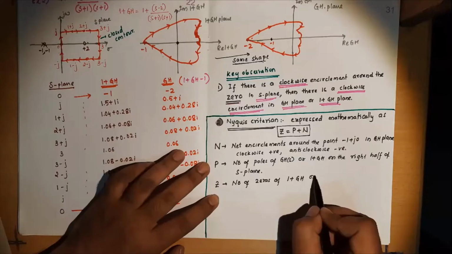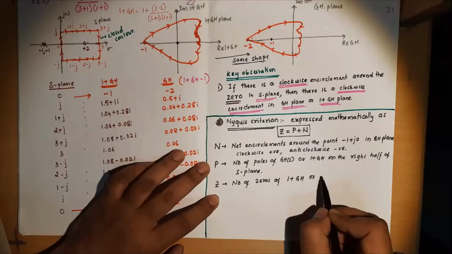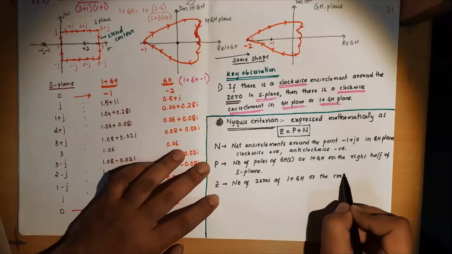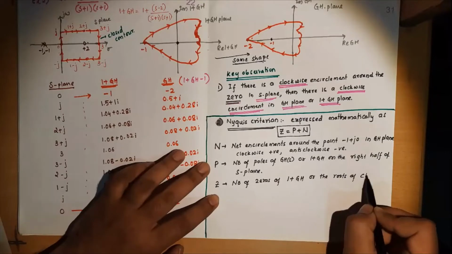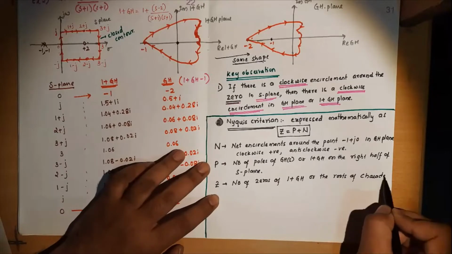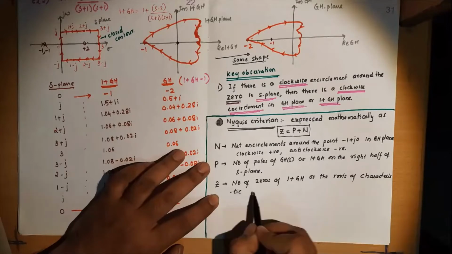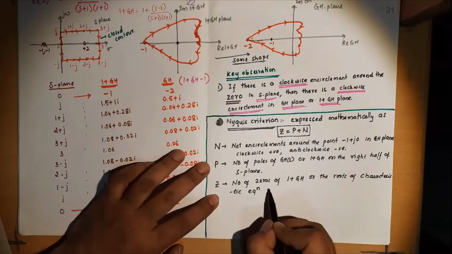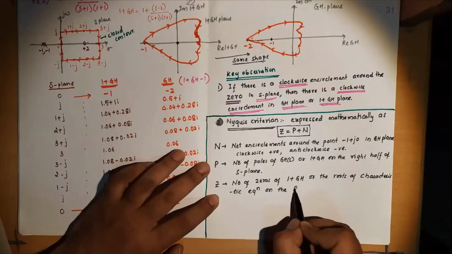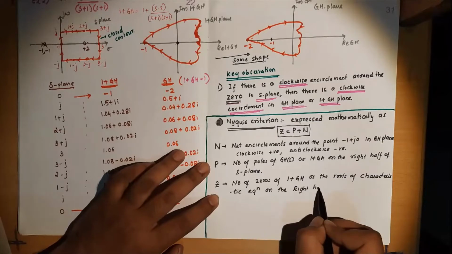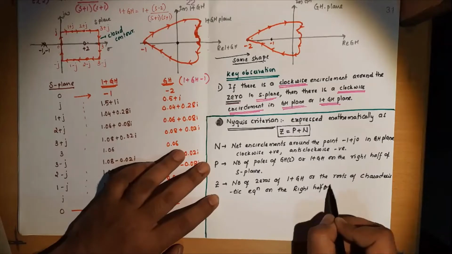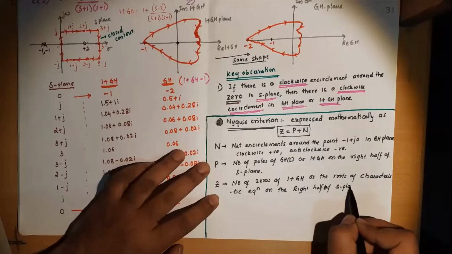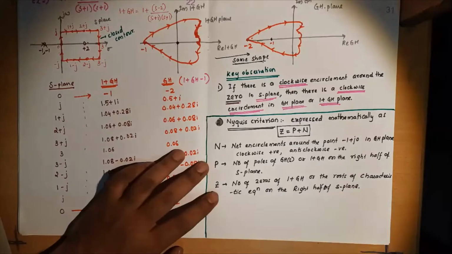We had seen that at the beginning of the class. The number of zeros of 1 plus GH, or the roots of the characteristic equation, on the right half of the S plane.